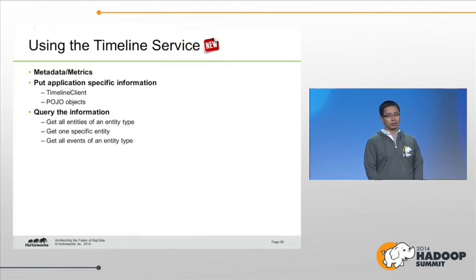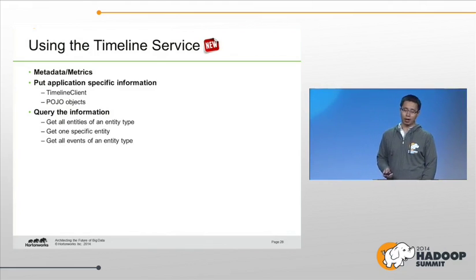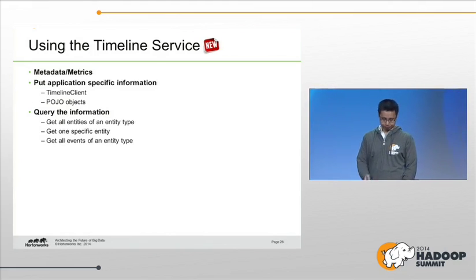For the developers, it is quite simple to do that. You can just think about what are the important metrics for your application and put them into some POJO objects and send them down via the Yarn timeline client.